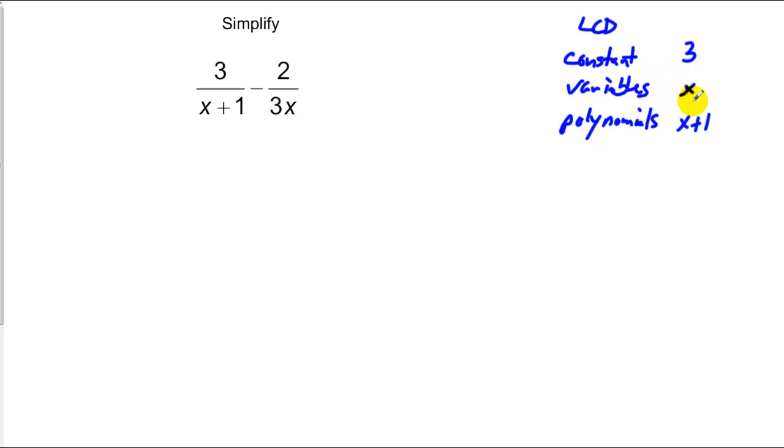Any common variables? Isolated variables? The answer is no, because I only have one. And any common polynomial factors in each? And the answer is no, because I only have one. So my LCD in this case would be the multiplication of all of them. So I need a 3, an x, and then the x plus 1 polynomial. So I'll rewrite that.